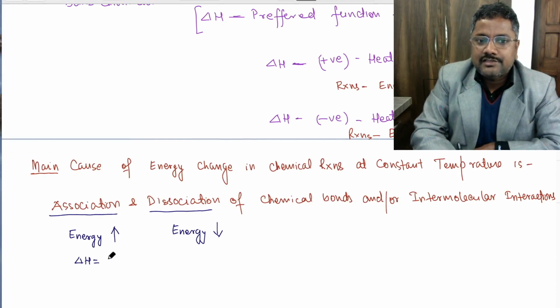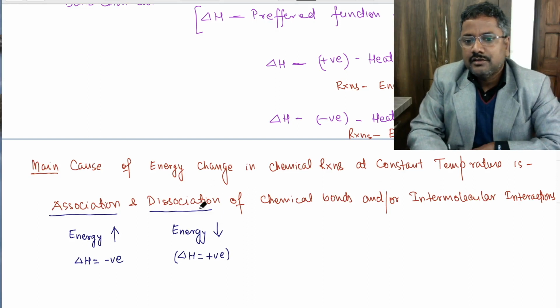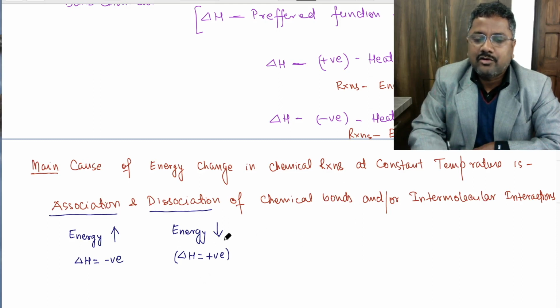So delta H is negative here, and here delta H is positive. In every dissociation process, whether it is intermolecular dissociation or dissociation of a chemical bond, energy is always required.